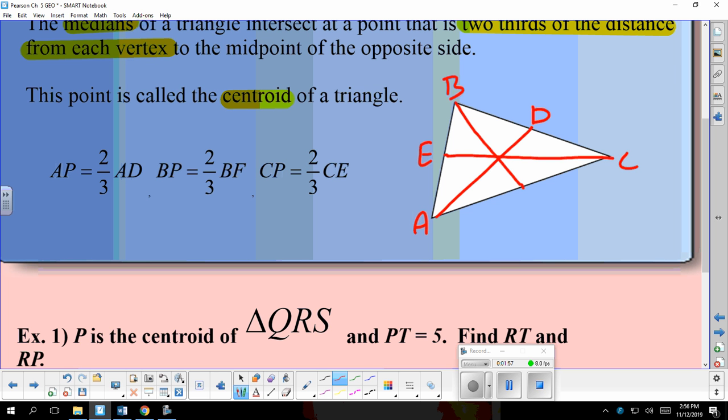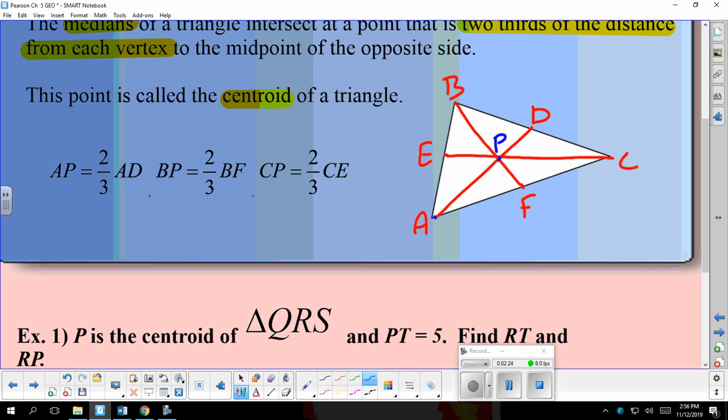And then that midpoint, point F. The centroid, the point of concurrency of medians, we're going to label point P. So AP from this vertex to the centroid is 2/3 the length of the whole thing. PD would be 1/3. So that's the same for all medians.